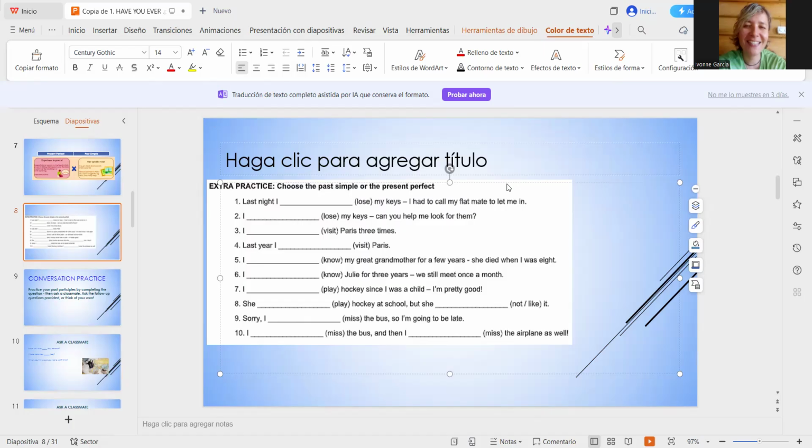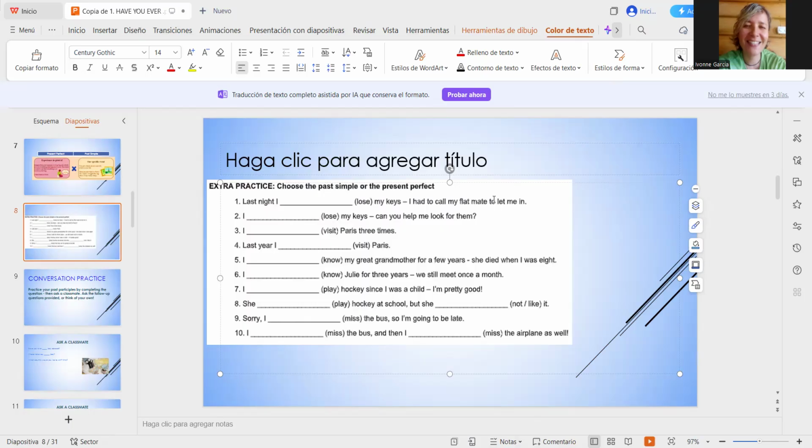Okay, good. I think you got it. It is better to use the past simple because that was last night. So you're talking about a specific time. And then you could enter your house because you decided to call your flatmate. So it is better to use the past simple in the first one.